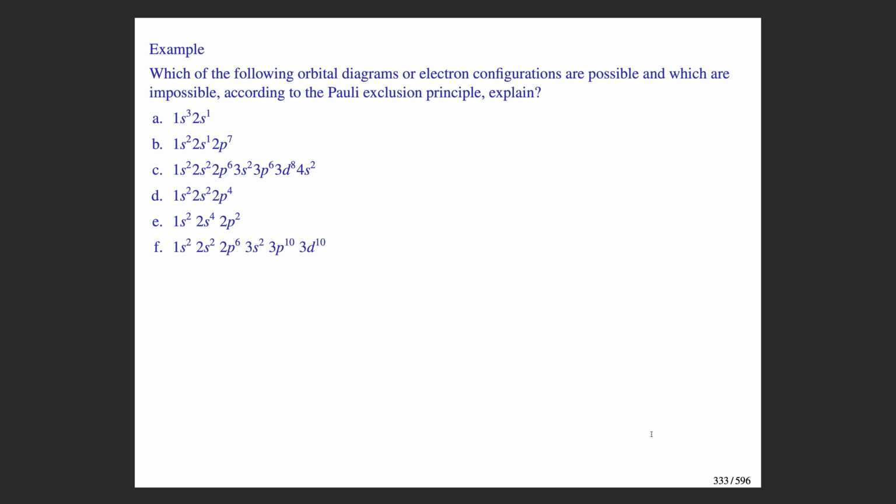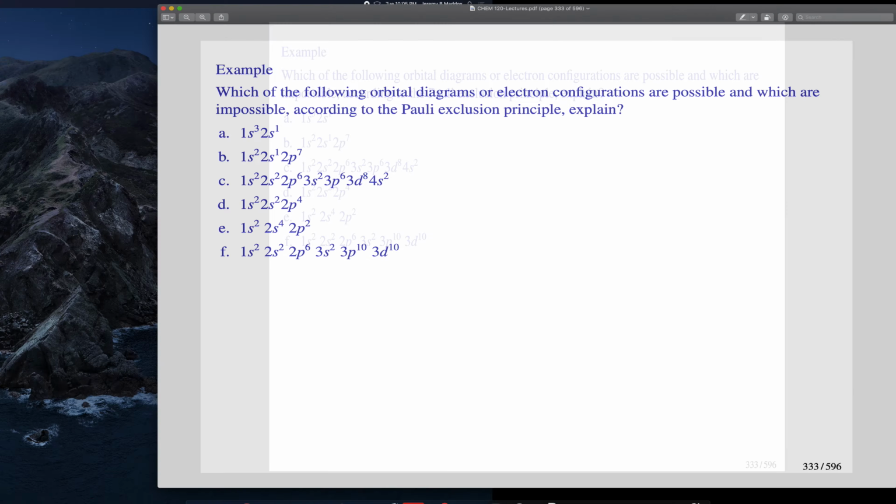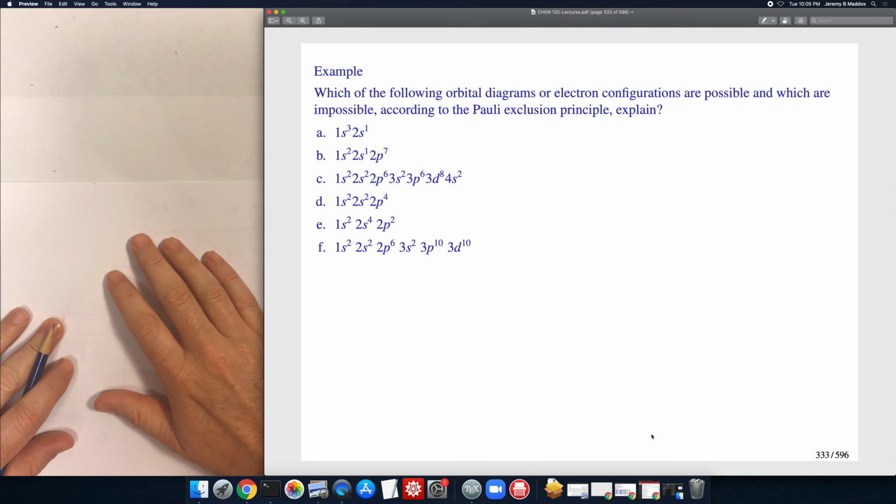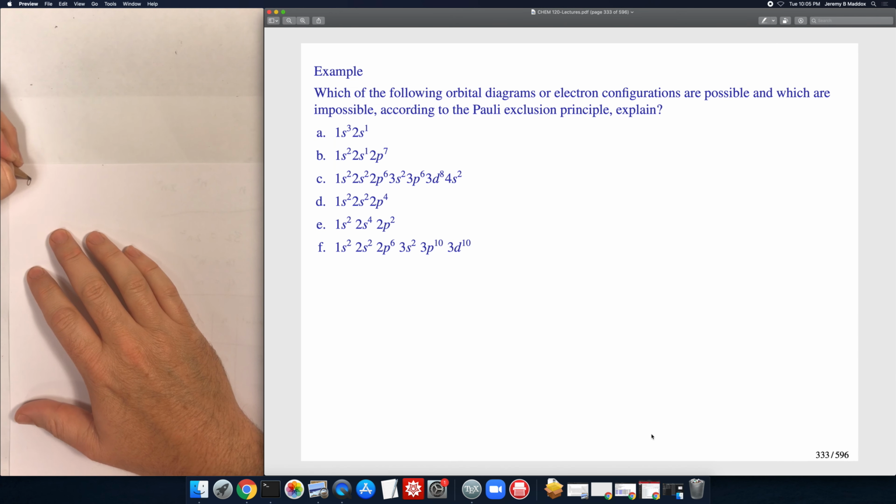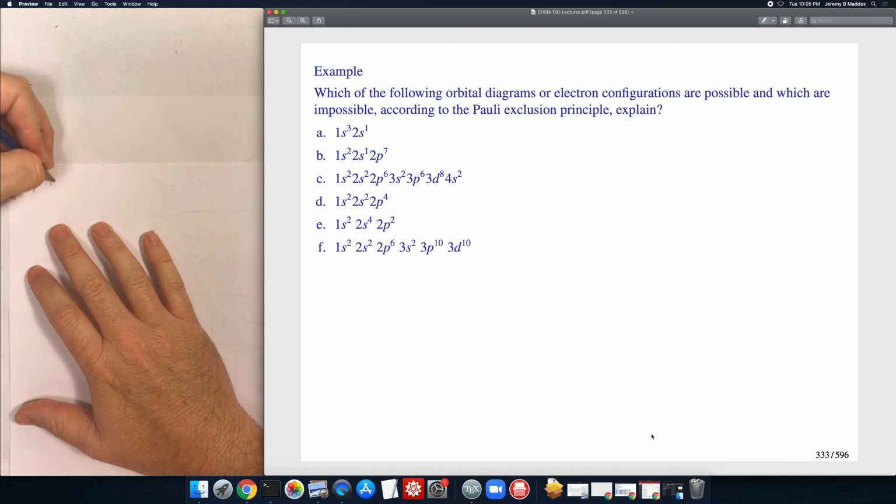In this problem, we are being asked to consider these electronic configurations and determine whether they are possible. That is, are they allowed electronic configurations, or do they somehow violate the Pauli exclusion principle? So let's go through these. In part A, the electron configuration we're given is 1s3, 2s1.